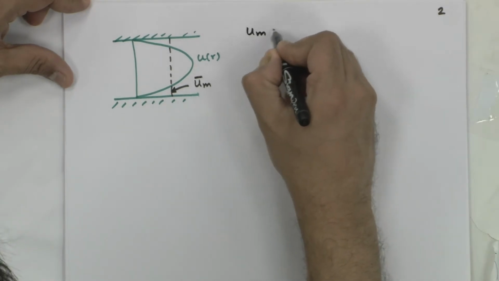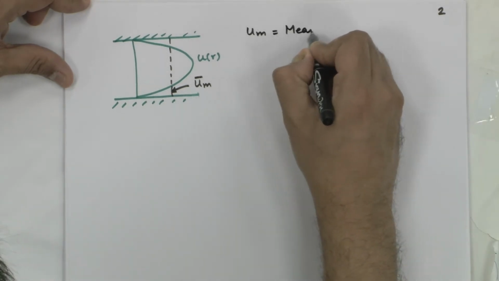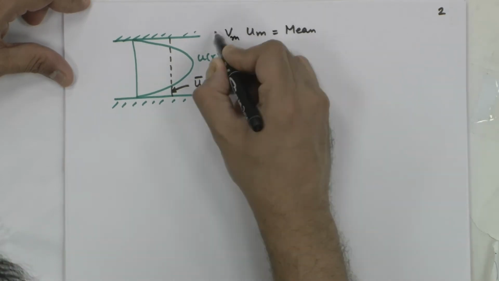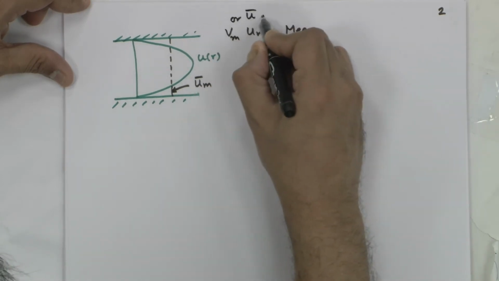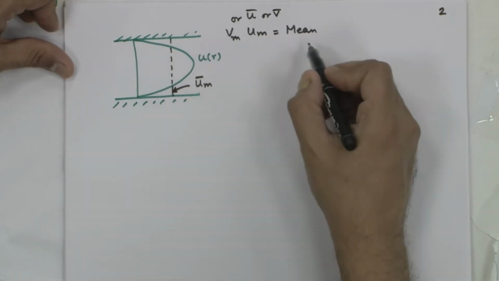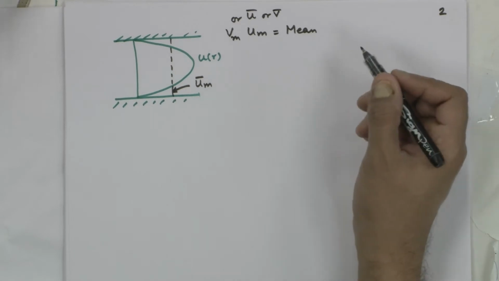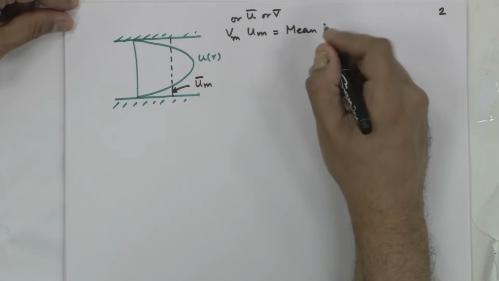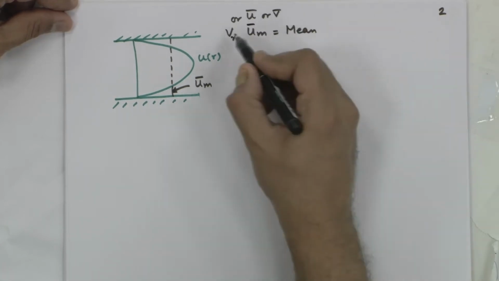This u mean is given by various symbols: u or v mean, or u bar or v bar. We will stick with subscript m because bars would be used in turbulent flow and the connotation may be slightly different. So, we will use u bar m or v bar m.